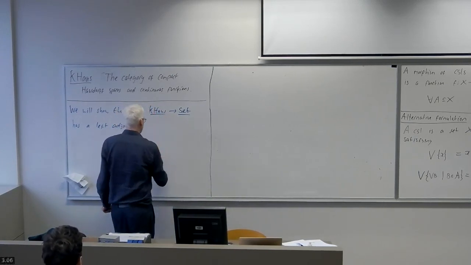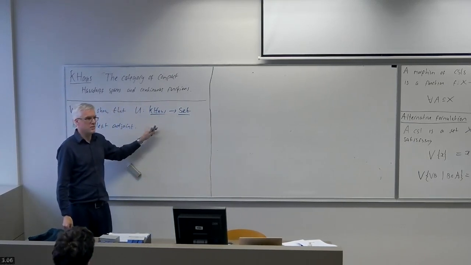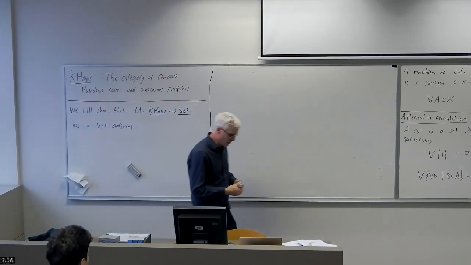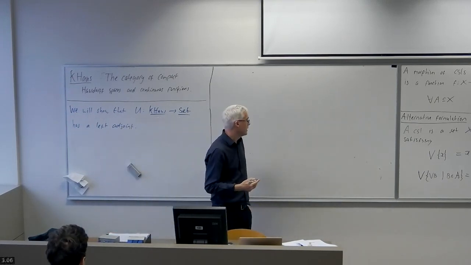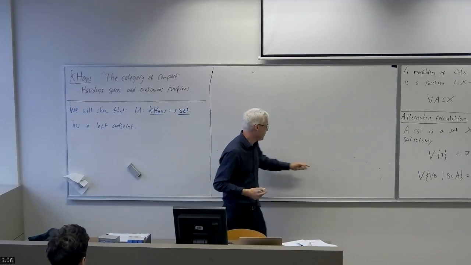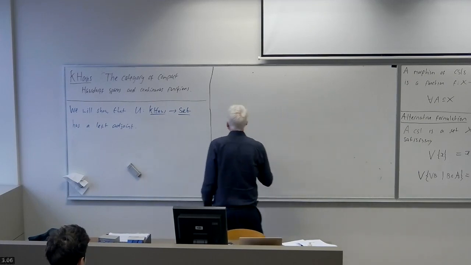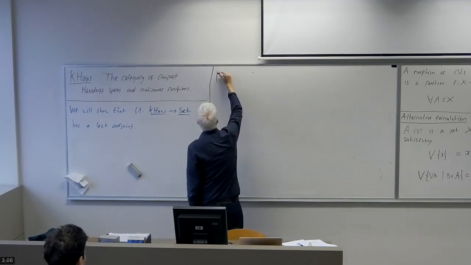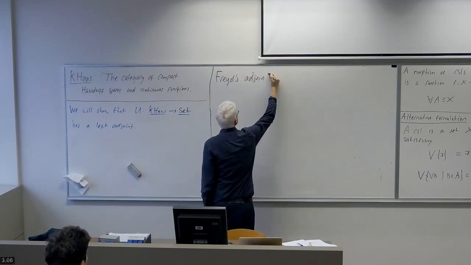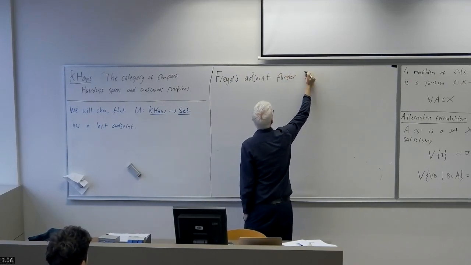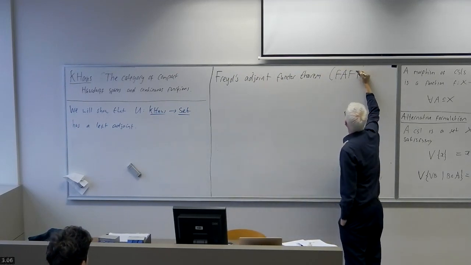These are fussy. So the way I'm going to do it is I'm going to show we've got a left adjoint without explicitly constructing it. I'm doing that in order to introduce you to some powerful category theoretic machinery known as the adjoint functor theorems. What we're going to use is Freyd's adjoint functor theorem, which we can abbreviate to FAFT.